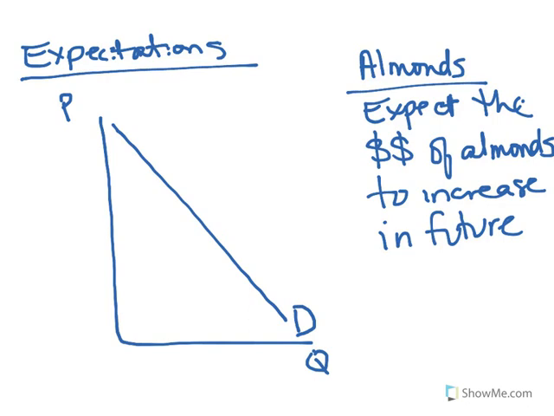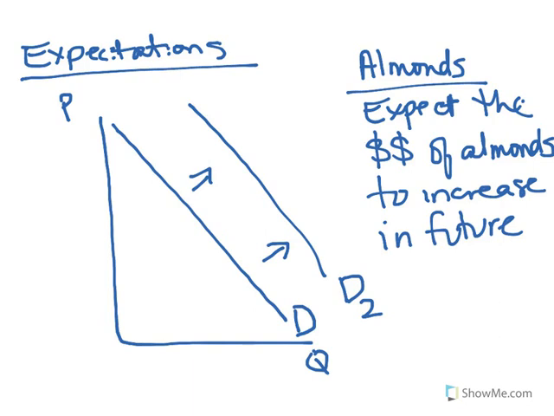Well, I would say absolutely yes. If I think that the price of almonds are going to be more expensive in the future, that's going to cause me to want to purchase more almonds today while the price is lower. So my expectations would actually increase my demand for almonds today because I expect the price to be more expensive in the future.